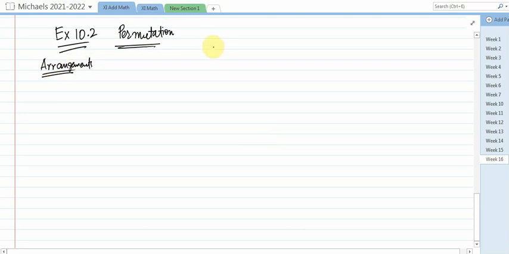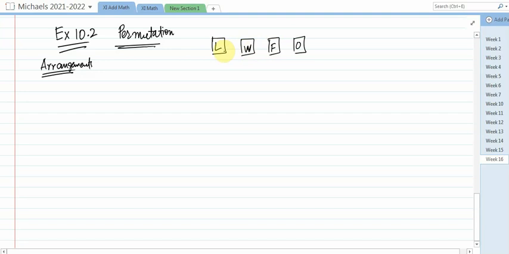Now let's suppose I have 4 cards, 1, 2, 3, 4, right? And the alphabets on those cards are L, W, F, O. If I ask how many arrangements I can make if I use each card once, that is an arrangement.